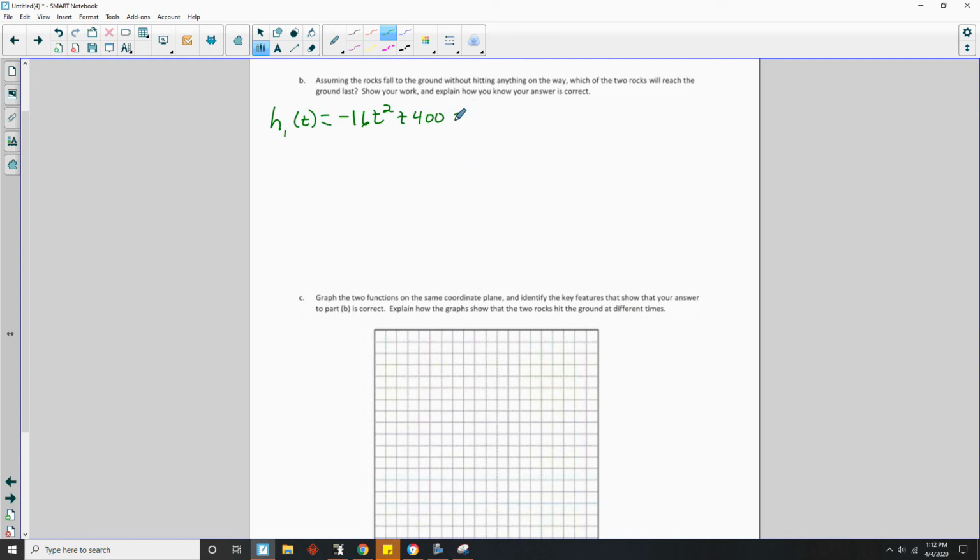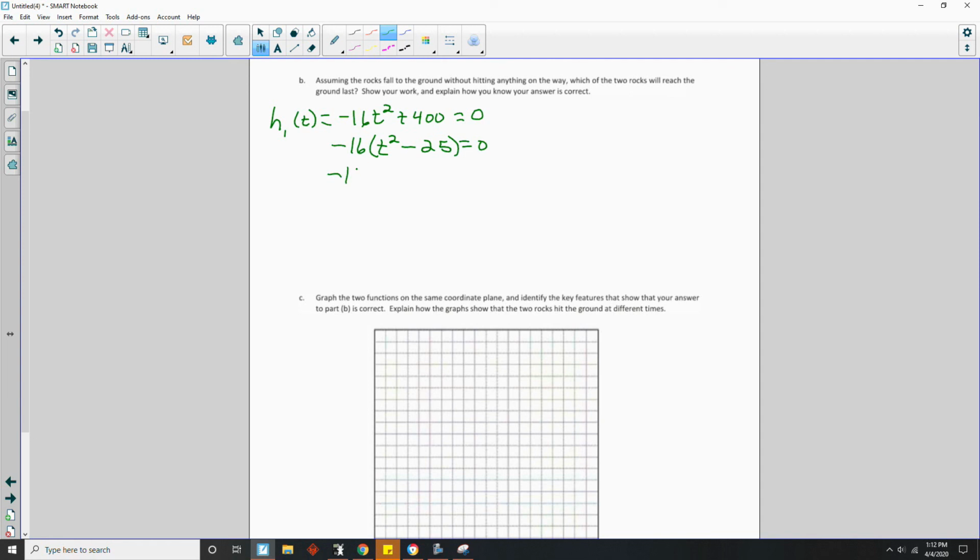So we want to set that equal to 0 and then factor. So negative 16 will go into 400 25 times. So negative 16 times a negative 25 equals a positive 400.